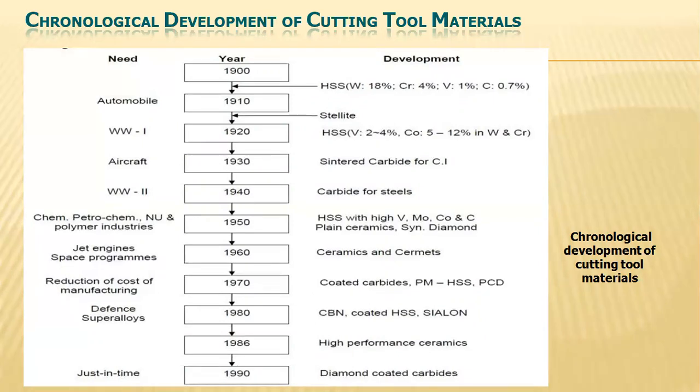The major need from the automobile sector came into existence for getting parts to the required dimensions with the help of this HSS tool material, which is a combination of chromium 4%, tungsten 18%, vanadium 1%, carbon 0.7%, and that too towards 1920.